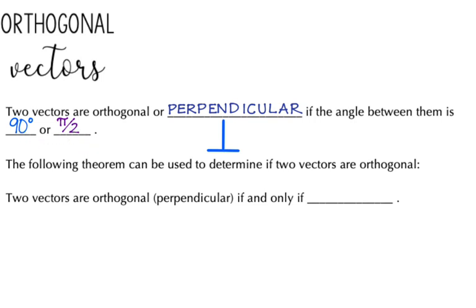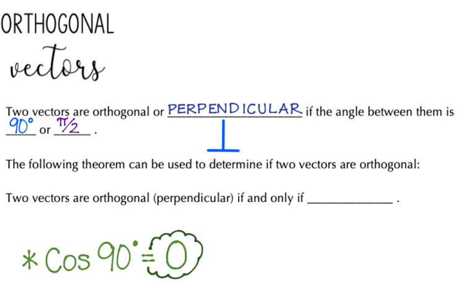So when we have two vectors where the angle between them is 90 degrees, we know that they are orthogonal vectors. Let's look at this for a second. If I knew the angle was 90 degrees, cosine of 90 degrees is 0. So thinking about the dot product theorem, cosine of 90 equals the dot product divided by the magnitudes.